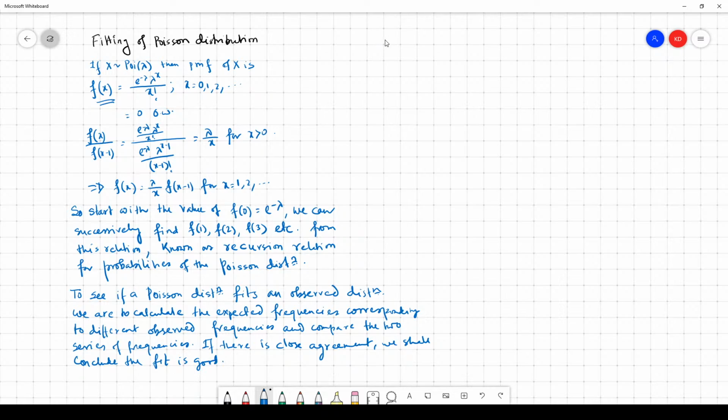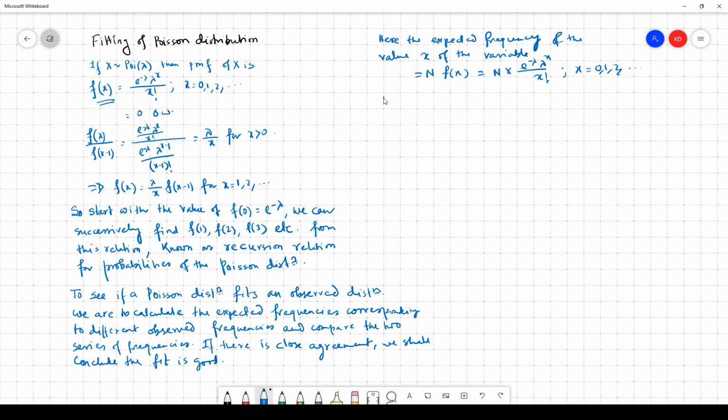Here the expected frequency of the value x of the variable is equal to n into f(x), which is equal to n into e to the power minus lambda, lambda to the power x by x factorial, where x is equal to 0, 1, 2, up to infinity, where n equals the total observed frequency.